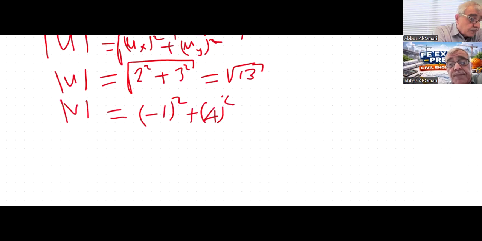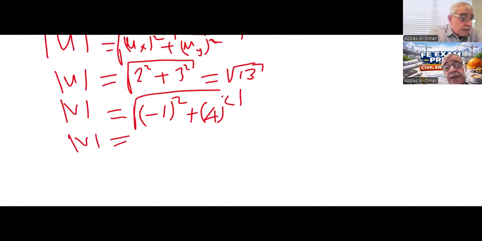So this is 1 and this is 16. So 1 plus 16, square root of 17. Now we want to determine u dot v.